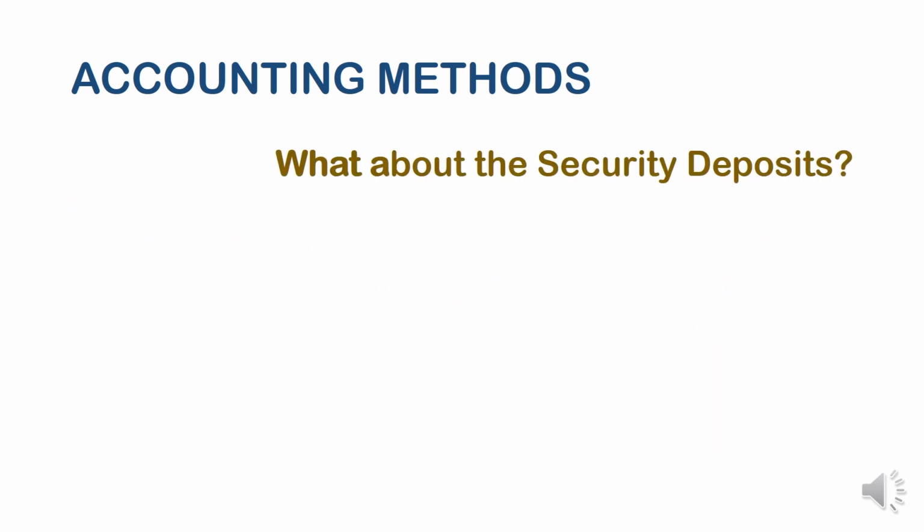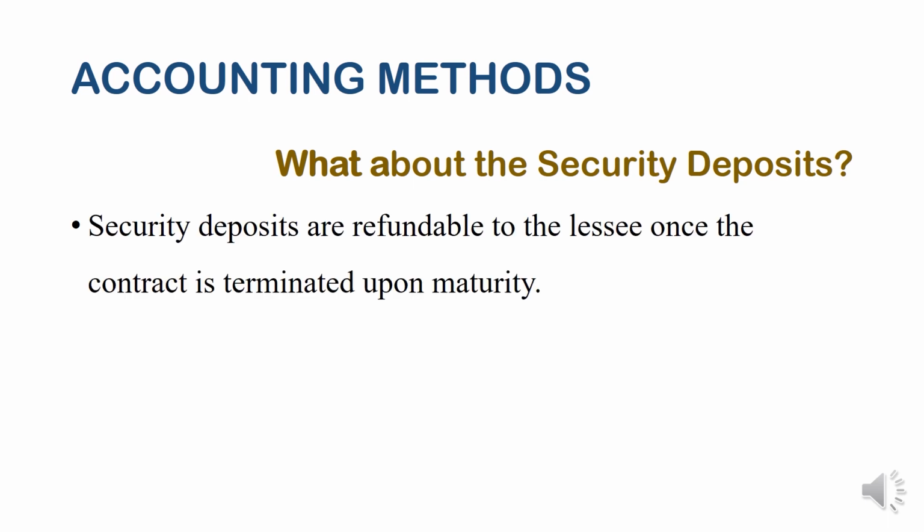So what about the security deposits? Remember that Luigi, the lessee, was required to pay a security deposit of 150,000. What will happen to that? Security deposits are refundable to the lessee once the contract is terminated upon maturity.